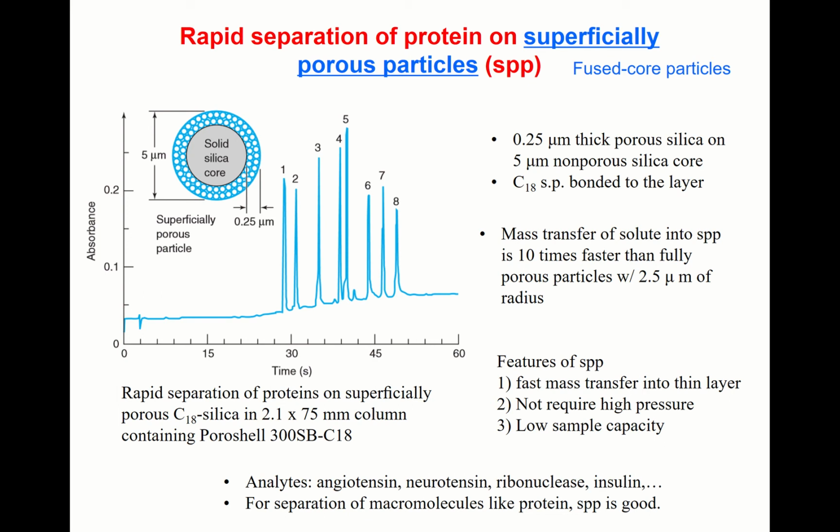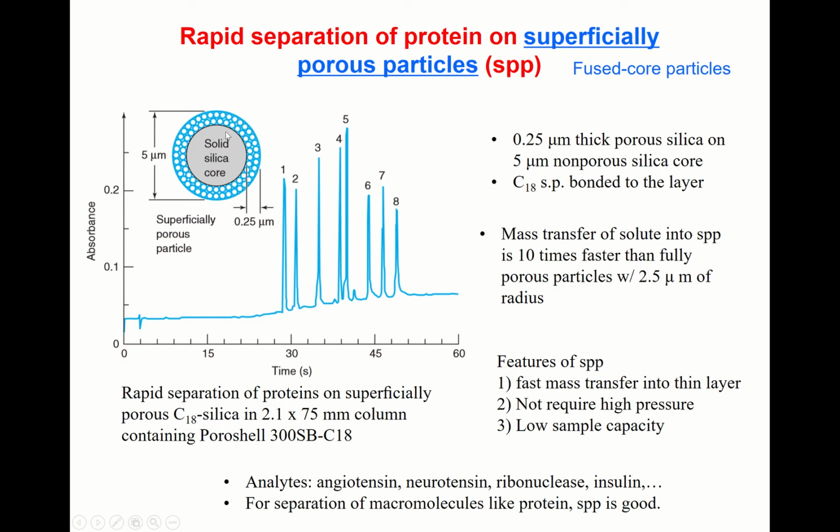But these silica particles themselves are all porous, so you need a lot of pressure to push the solvent through the column. But with this superficially porous particle, superficially means that only the outer part is porous. That's why it is called superficially porous particles.